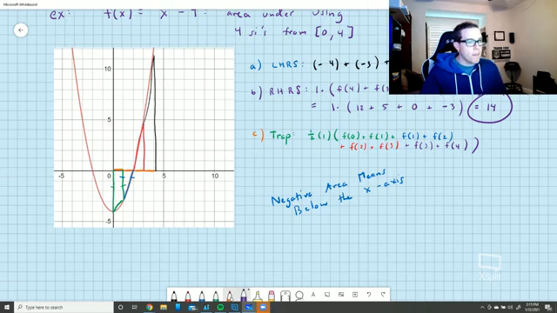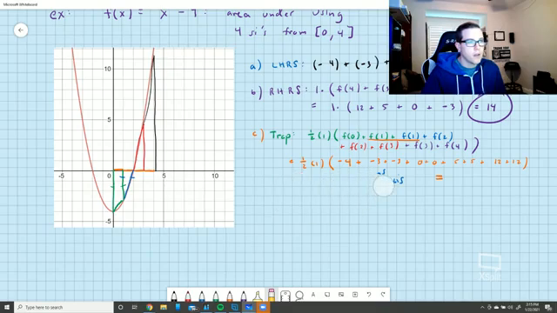Add them all up. So this gives me 1/2, 1, times f of 0, which is -4, plus 2 f of 1s. Look, there's 2 of them. So f of 1 was -3 plus -3. F of 2 was 0 plus 0. F of 3 is 5 plus 5. F of 4 is 12 plus 12. And what does that give me? -4 plus a -3 is -7, -10.